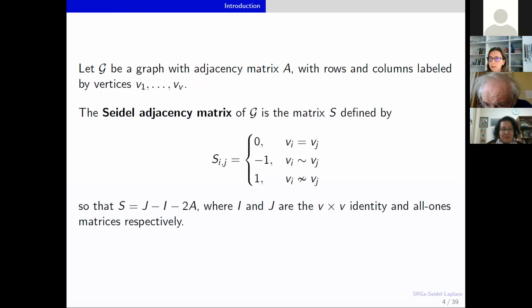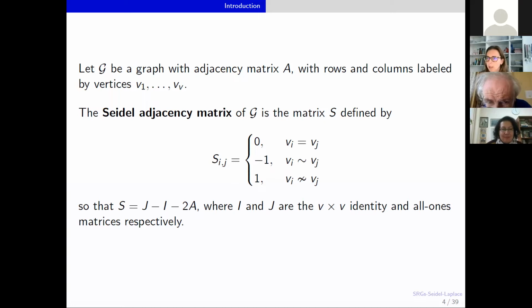The Seidel adjacency matrix is used for Seidel switching and some other types of switching, and it is very commonly used in algebraic graph theory. In this work, we used the Seidel matrix in order to obtain codes with nice properties.